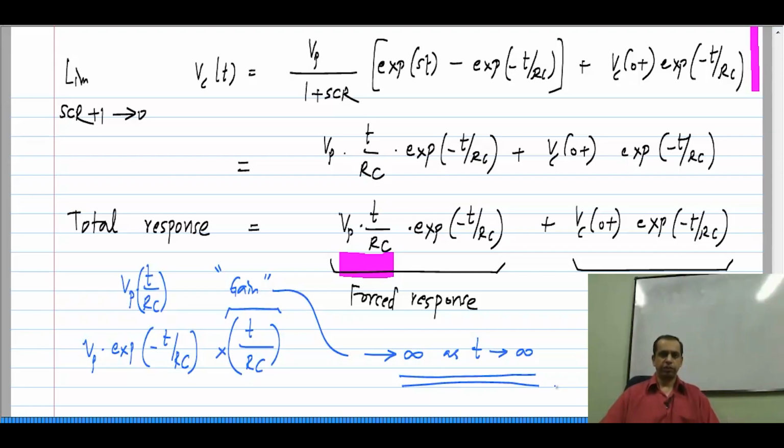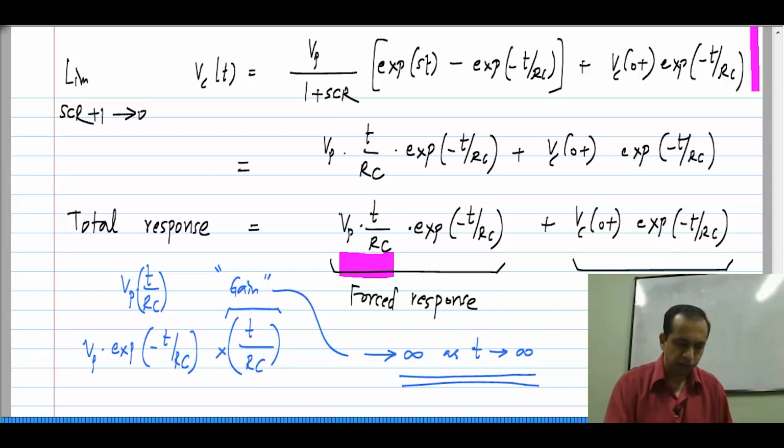This is also a type of resonance, but here the total thing will not go to infinity. Although this multiplying factor goes to infinity, this exponential falls off to 0 much faster than T by Rc goes up to infinity. So, the entire response still goes to 0. So, the phenomenon of resonance is not very evident here, but the point is that the gain for the input, when the input equals the natural response, is very large. As t goes to infinity, the gain also goes to infinity.